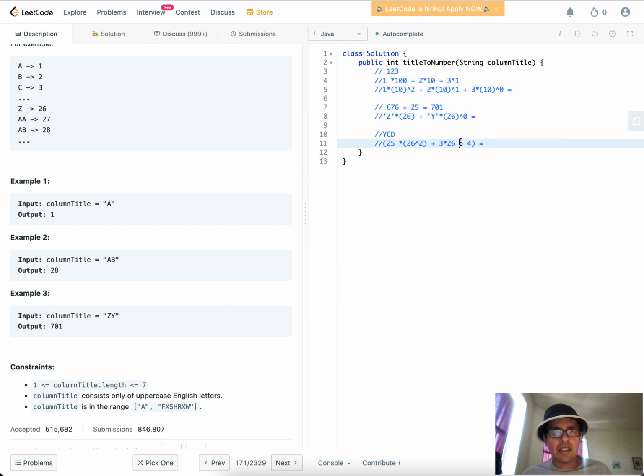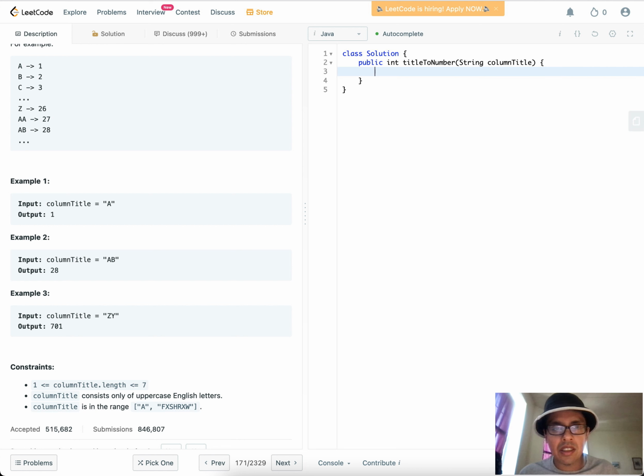Okay, so just think about it like this, right? You're just treating it as a base, and then if you have another A here, then you would start the base at 4 minus 1, which is 3. Okay, so it's a polynomial equation.